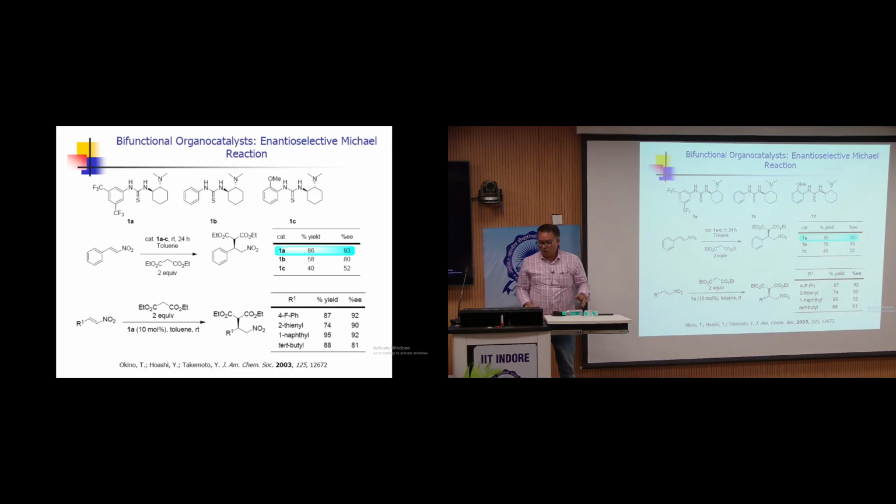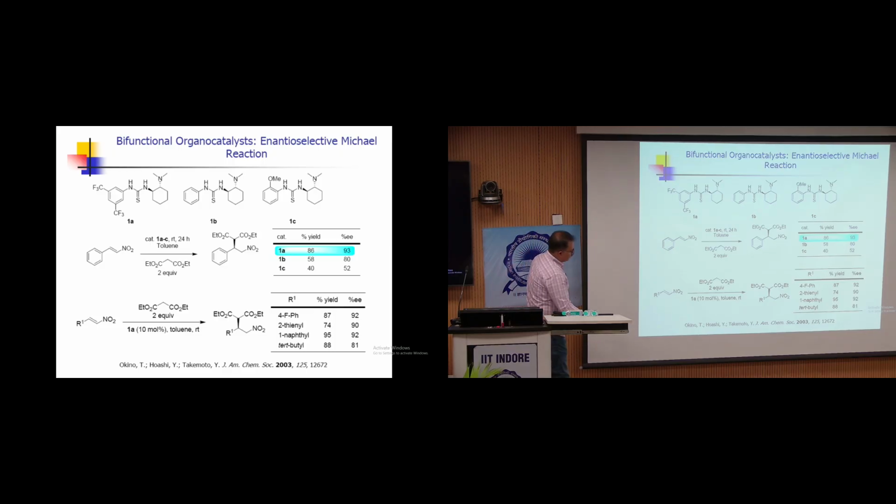And you see what the Takemoto group reports in this type of enantioselective Michael reaction. They use catalytic amounts, very little, of this type of catalyst, in this case all three delivering fantastic enantioselectivities, I'll say, but yields 86%, 58, 40, in this case 87, 74, 95, 88.